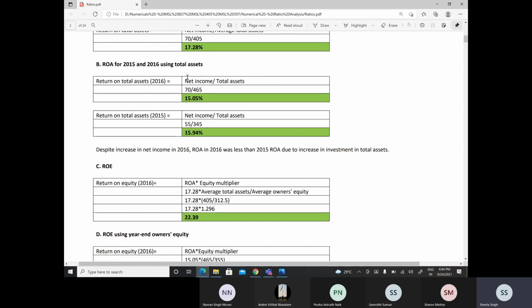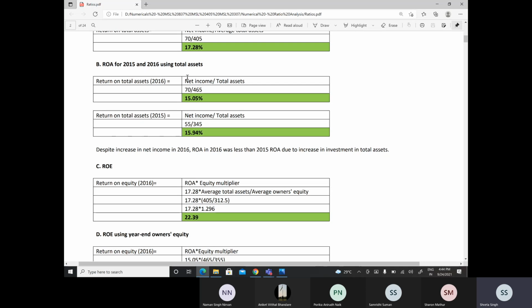Now these are based on average figures, but when we are asked to calculate the ROA for 2015 and 2016 using the year-end total assets figures, then you can see that the return on total assets for 2016 is net income upon total assets in 2016, which is 70 divided by 465, which is 15.05%. And return on total assets in 2015 is the net income in 2015 upon total assets of 2015, that is 55 divided by 345, which is 15.94%.